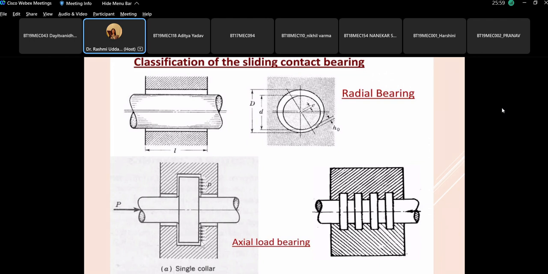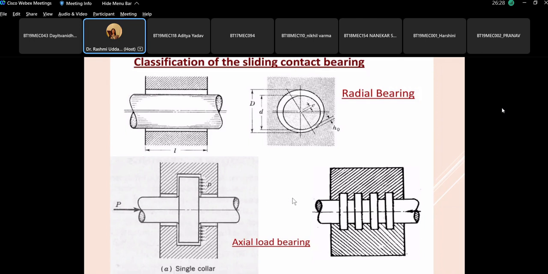There can be a single collar, there can be multiple collars depending upon the magnitude of the load and the size required. For a very small diameter bearing, a single collar might not be enough, so you will have to give 3, 4, 5 collars of small projected height. For a large bearing, even a single collar with this much thickness and height might be good enough.